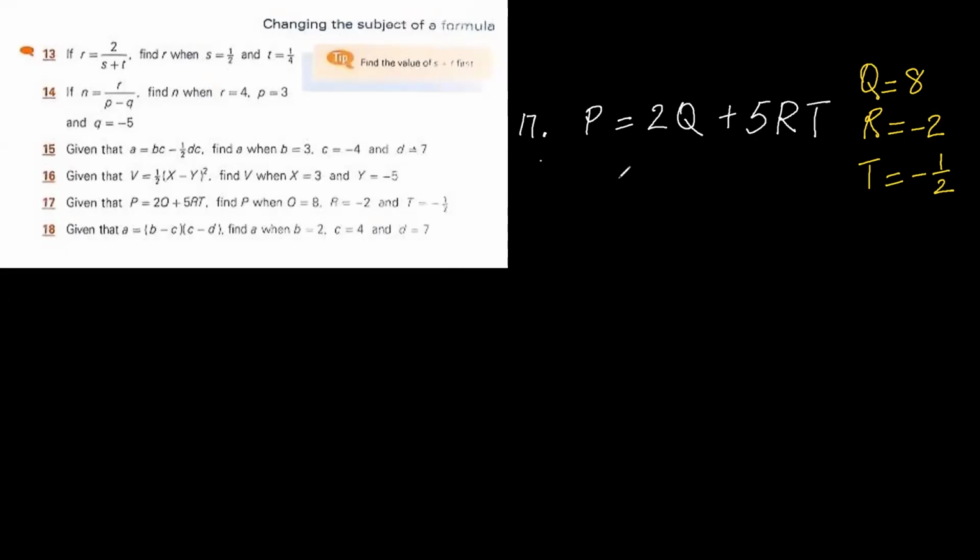So, Duncan, the next thing will be 2 times 8 because Q is 8, plus 5, then times -2 times -1/2. Everybody okay with that? I'm just saying the value for R is -2.